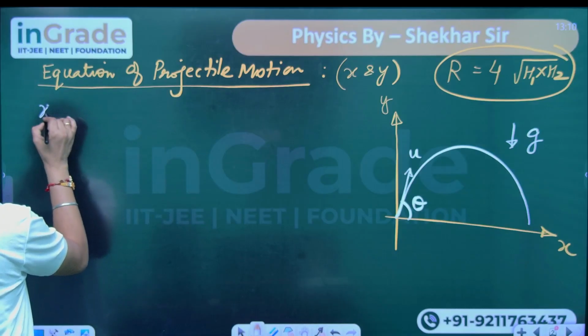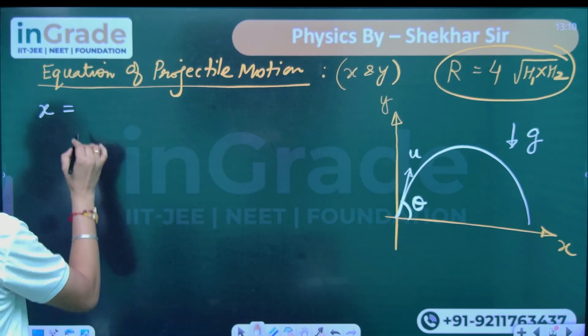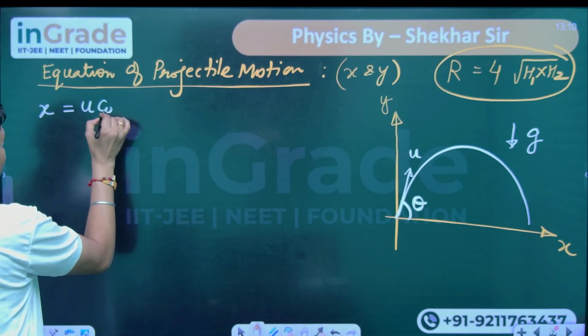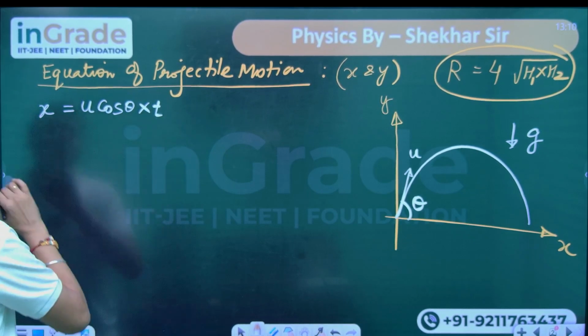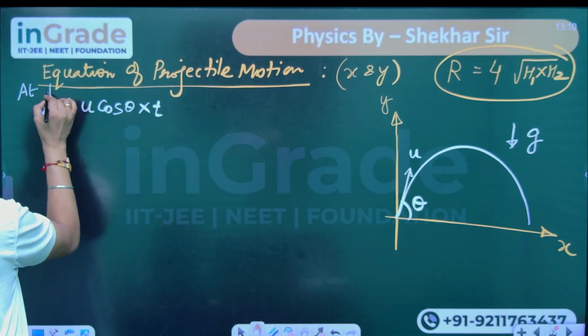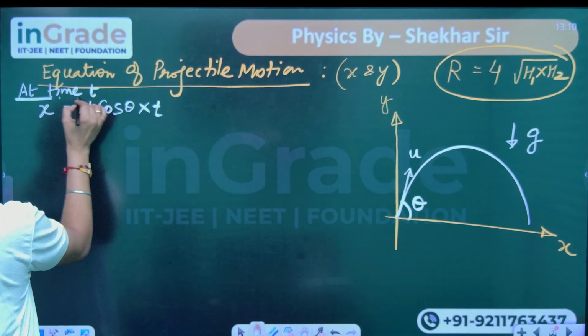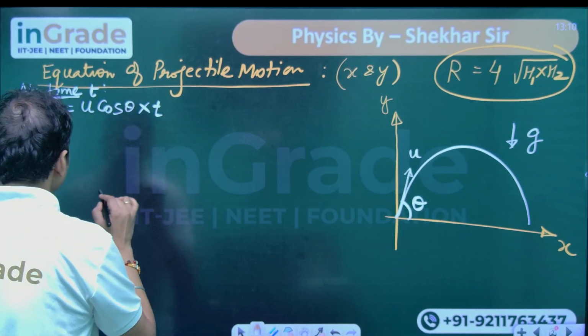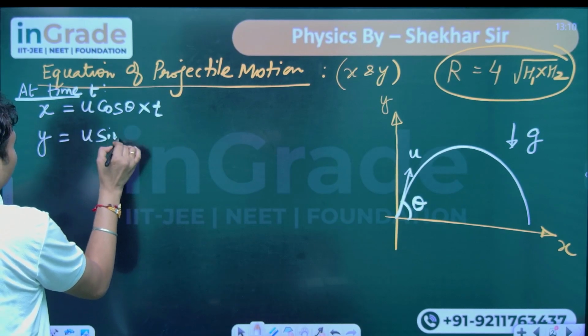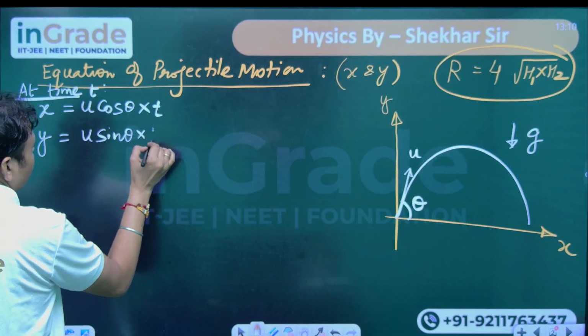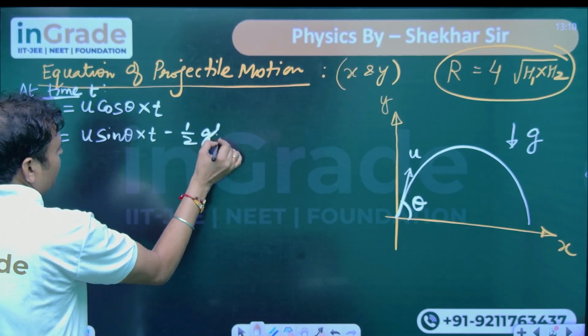So we can say the distance traveled by the particle in the x direction is simply u cos theta into t at any time t. And y is equal to u sin theta t minus half g t square.